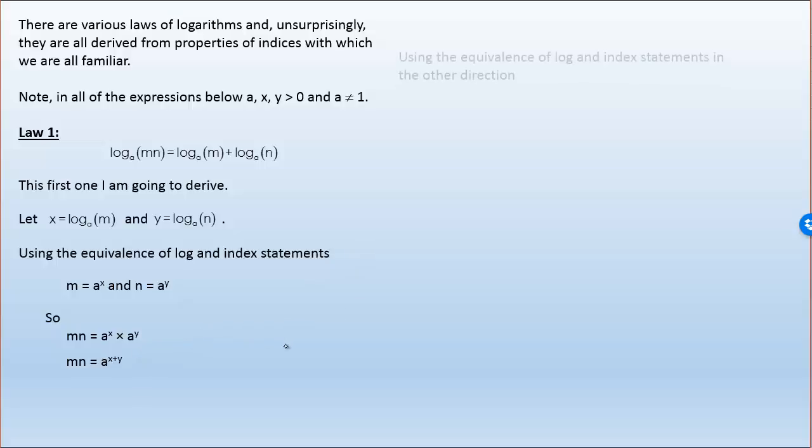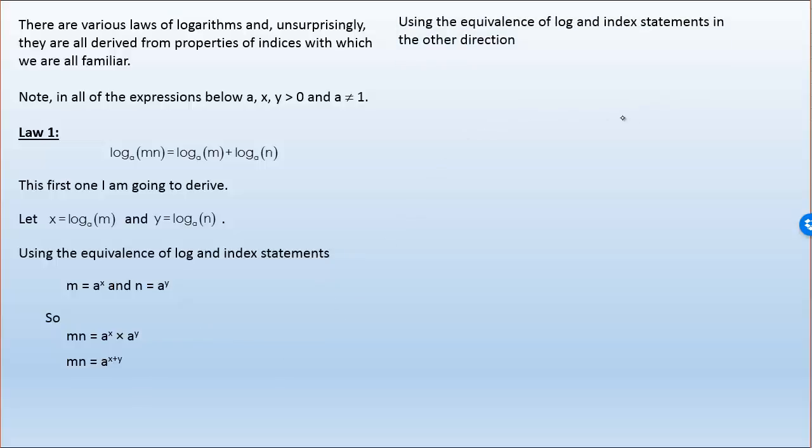Then if we use the equivalence again, this time in the other direction, we get log to the base a of mn is x plus y. From above we know that x was log to the base a of m and y was log to the base a of n, so finally we get the law.